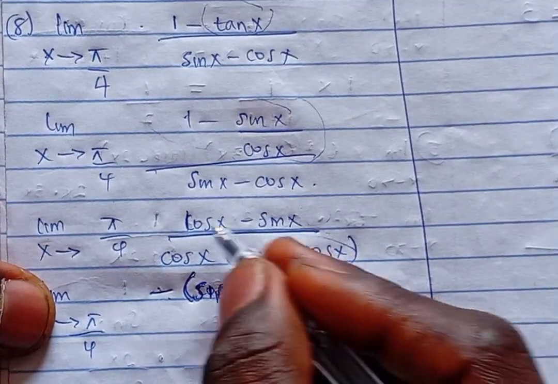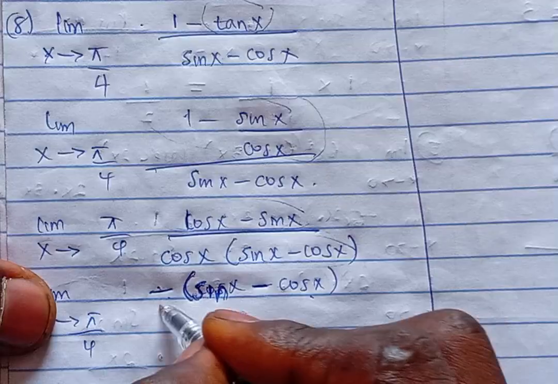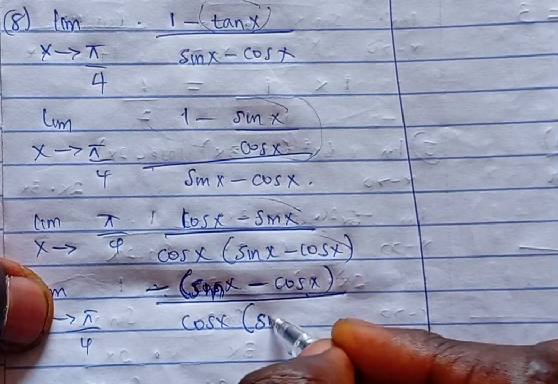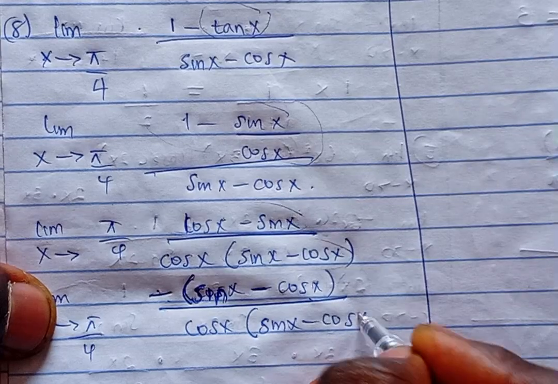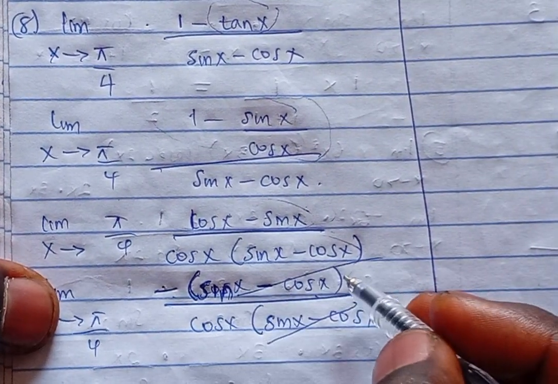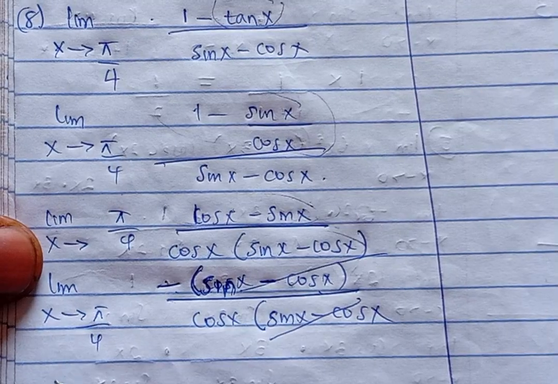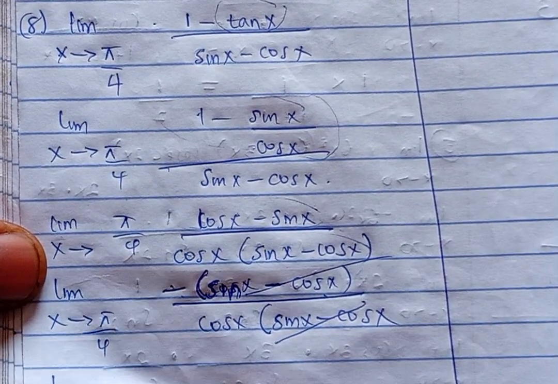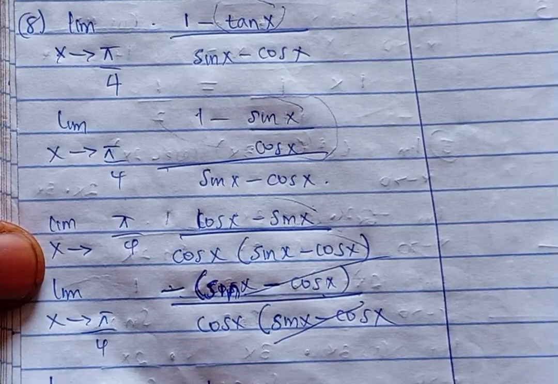If you open the bracket with negative, you get what we have here again, over cos x into sine x minus cos x. You get what I'm saying? So this one can easily cancel out, right? So we have the limit as x tends to pi over 4 of negative 1 over cos x.